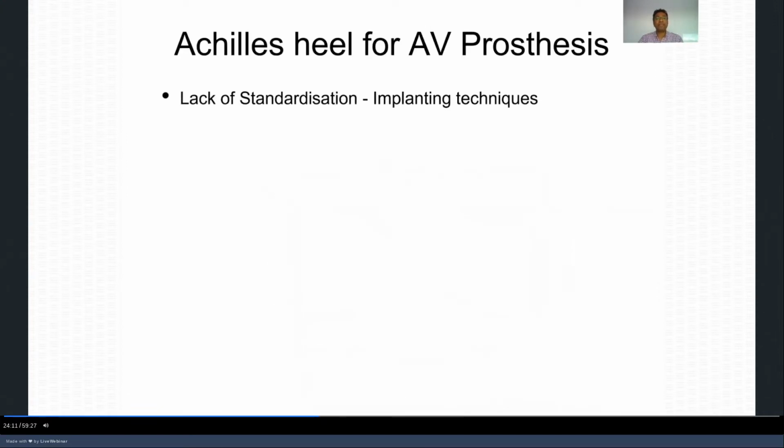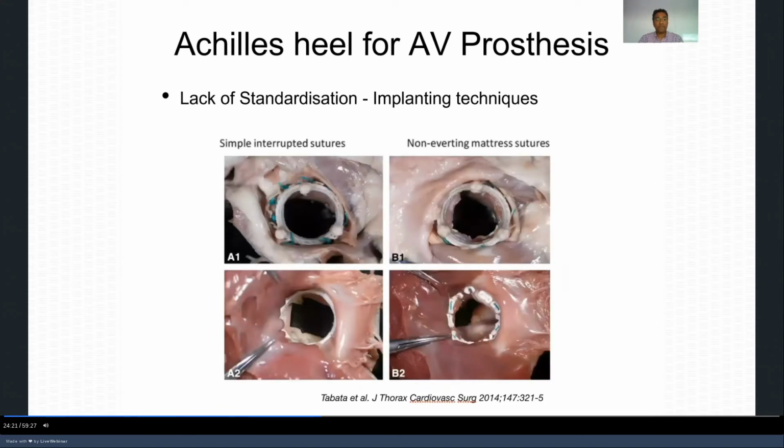And finally, the last Achilles heel, which is becoming more aware amongst the surgeons, is the lack of standardization in terms of implanting an aortic valve prosthesis. This paper by Tabata and colleagues demonstrated that in his cohort of patients who had a valve implanted either by simple interrupted or non-everting pledgeted sutures, there was a difference in terms of the hemodynamic performance of the valve.